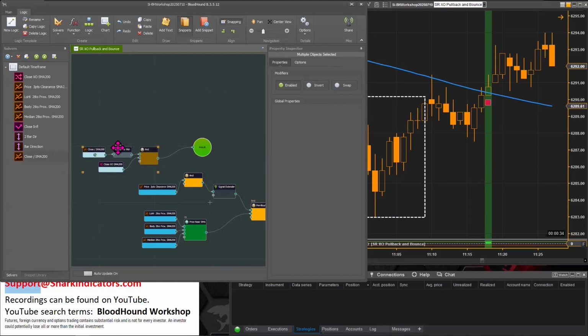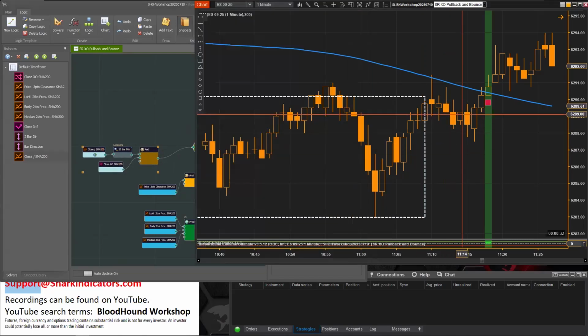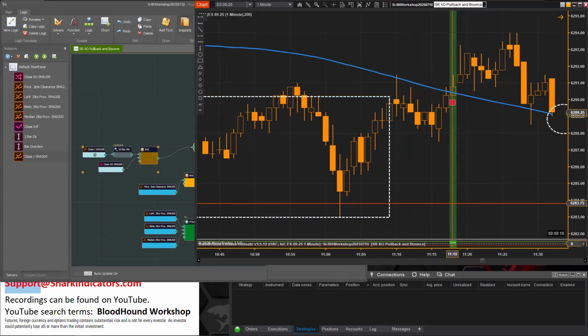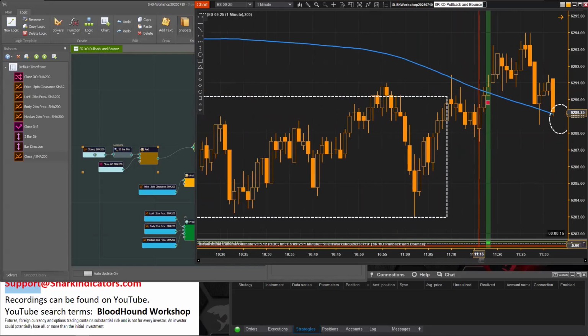When we incorporate price being on one side of our support resistance level for at least 20 bars, we only have a single output on that crossover bar.